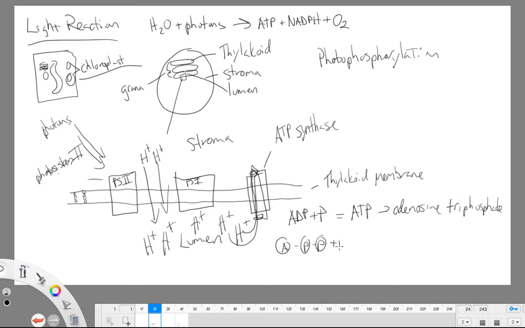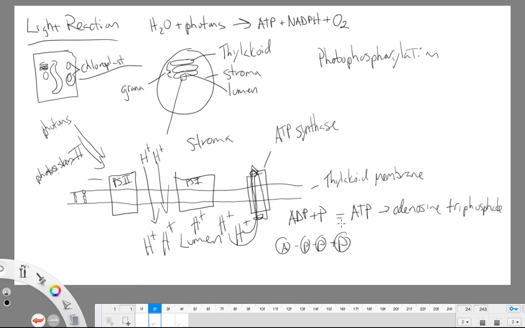And it's this last phosphate molecule that typically will break off, and when it breaks off, that releases energy, and that's the energy that our cells in general use to power different cellular activities. So when this breaks off, it releases energy and it forms ADP, adenosine diphosphate.